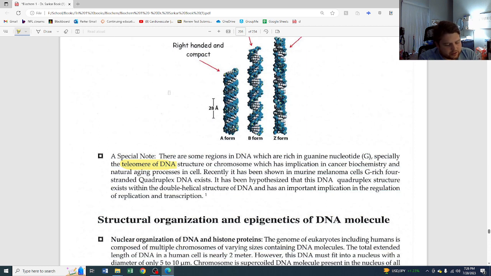And this is one of the theories behind why aging happens, where our telomeres get smaller and smaller, and the function of the telomere is to help with the process of DNA replication, preventing it from mutating and from other things happening to it.